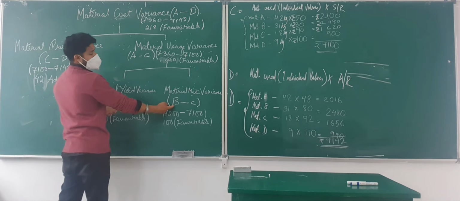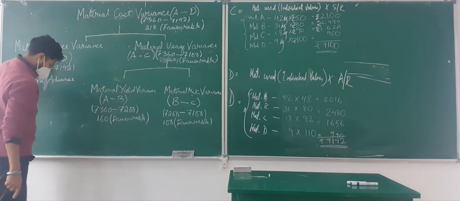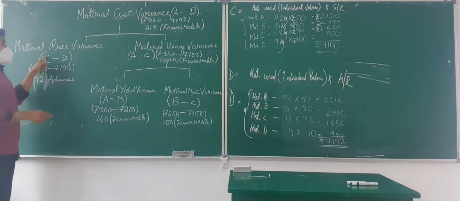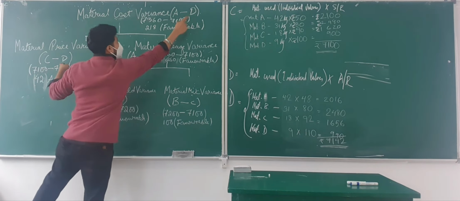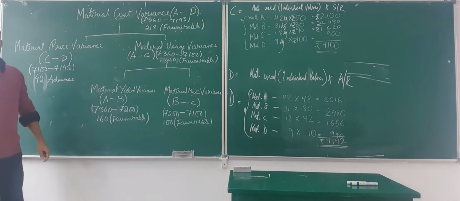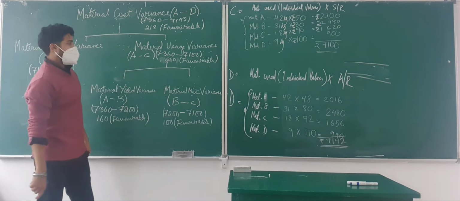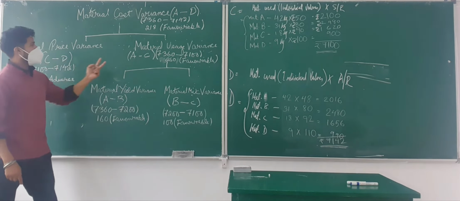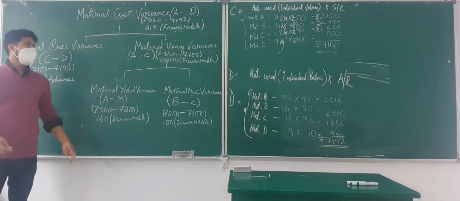We're done with B, we have to start with C. 3 times C. We're done with C, start with B. We'll come back to the same point where we started from. And we will have 2 variables each. This is a mechanism you have to remember. Otherwise, you can remember the formula.